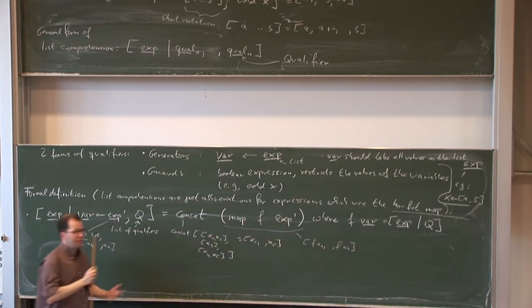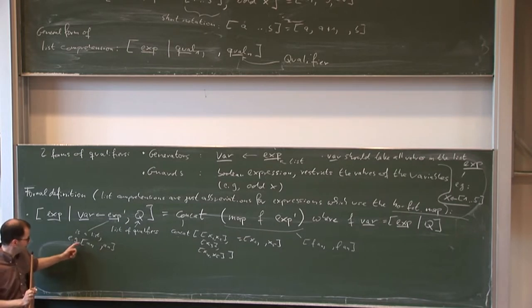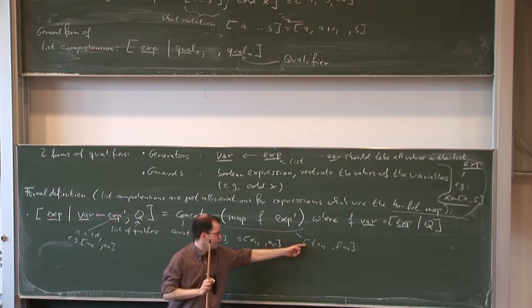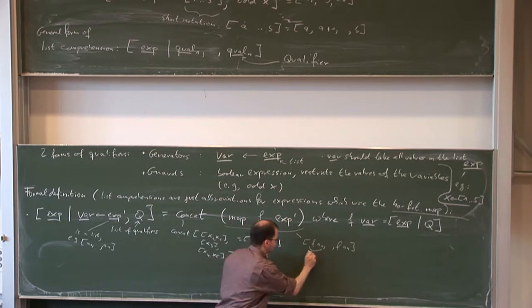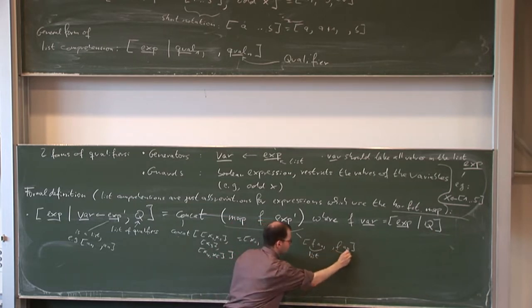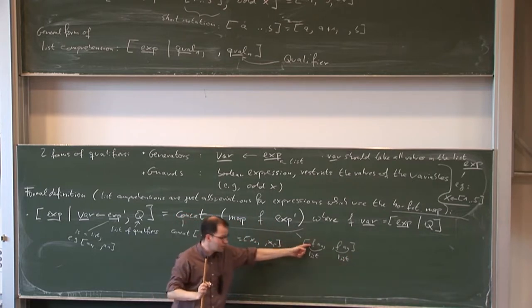So if expression prime is this list, then map f, this list means apply f to each element. Apply f to element A1, f to element A2, f to element AN. So you would get this. And now concat, these are all lists. And concat simply takes a list of lists and unites them all, concatenates them all.